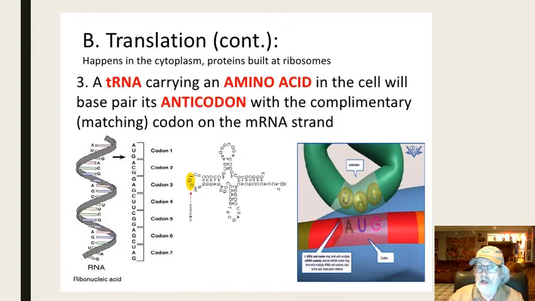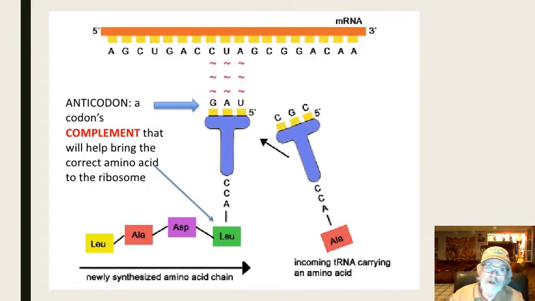The transfer RNA carrying an amino acid with the complementary base pair, or its anticodon, is going to attach to the area of the codon, or read off the area of the codon. And as a result, it brings the appropriate amino acid for that protein. So here's what we see. Here's the codon.